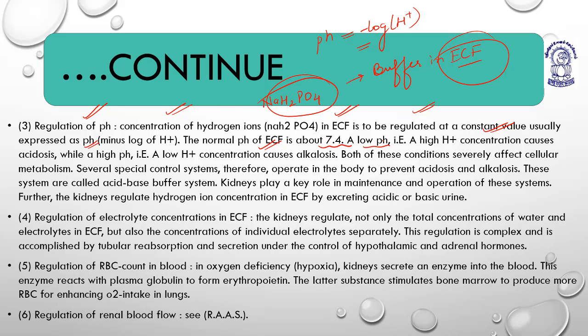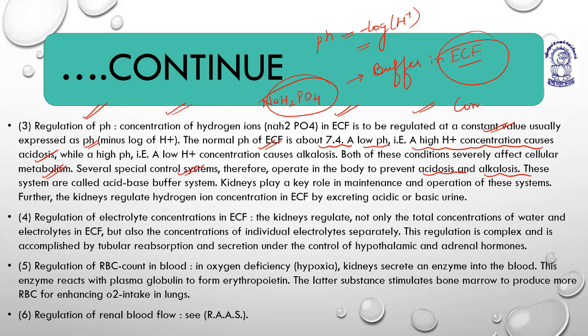At low pH, that is, a high H plus concentration, causes acidosis, while high pH causes alkalosis. Both of these conditions severely affect cellular metabolism because enzymes are very sensitive to pH. If the pH levels are not appropriate, the enzymes become non-functional. So several special control systems operate in the body to prevent acidosis and alkalosis.